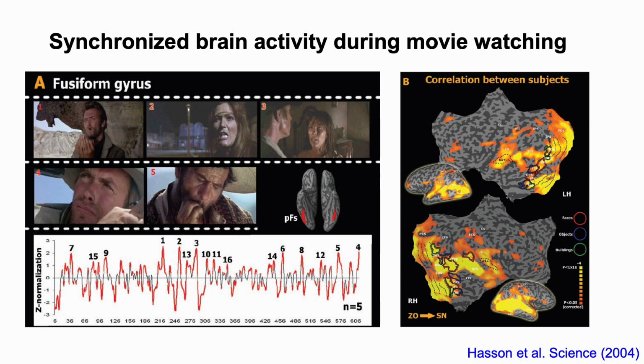The other interesting finding in that study was that because all the subjects were watching the same movie, the time series from one region could be taken and correlated with a different subject to show correlation.